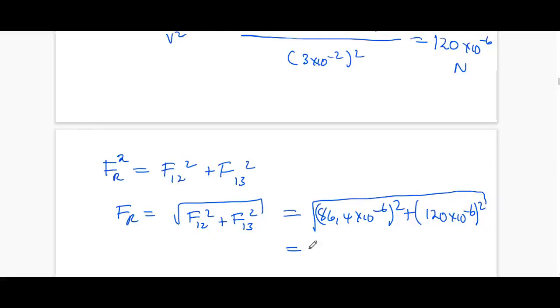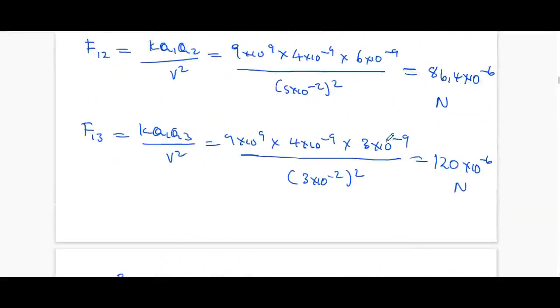Plus 120. So I am getting 1.48 times, oh okay, let me put it in the same scientific notation as these ones: 147.87 times 10 to the power minus 6 newtons.